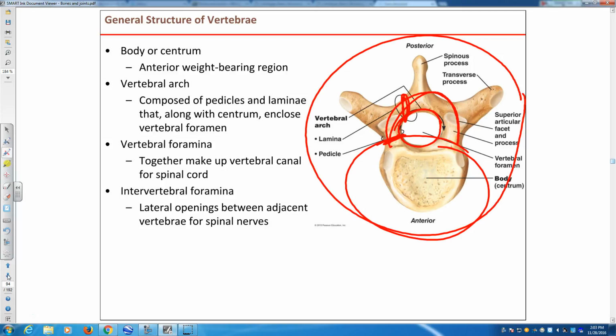So spinal nerves leave the vertebral column through the foramina. When you put two vertebrae one on another, there is an opening between them. You see? There are openings here formed by adjacent vertebrae. Those are intervertebral foramina.